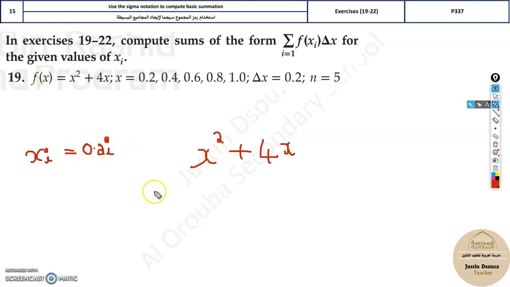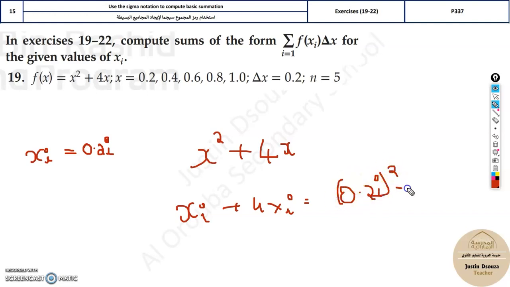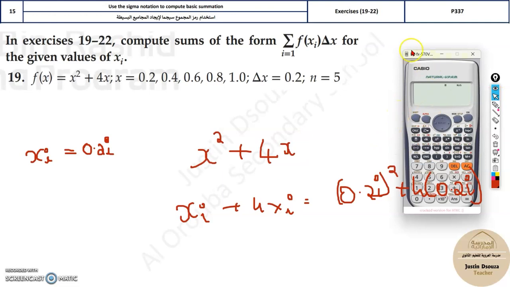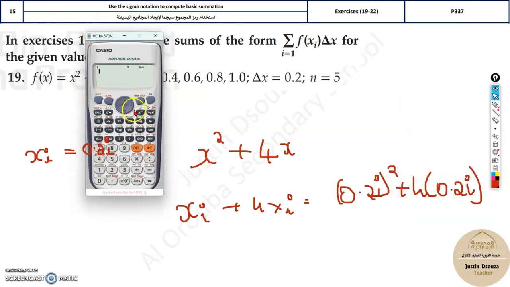So instead of x in this function, just put xi square plus 4xi, which will be equal to (0.2i) the whole square plus 4 into 0.2i. Now, over here, you need to use your calculator. The summation symbol is over here, shift and this.